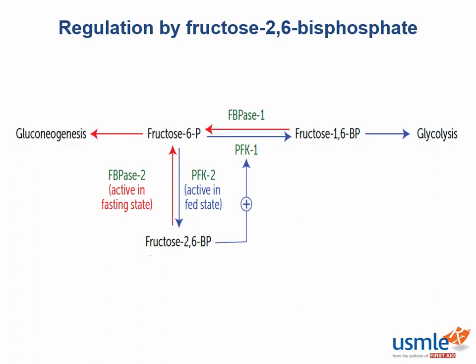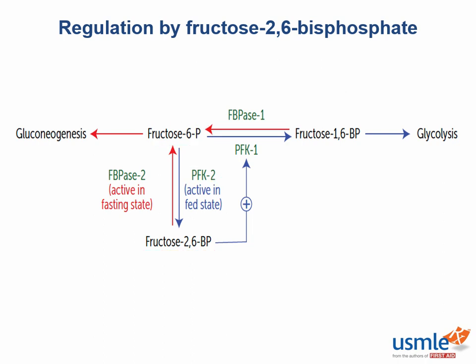It's best to think of fructose 2,6-bisphosphate as a regulation molecule or a side process that can go along with glycolysis or gluconeogenesis. Now fructose 2,6-bisphosphate is formed by phosphofructokinase 2 when fructose 6-phosphate gets converted to fructose 2,6-bisphosphate.